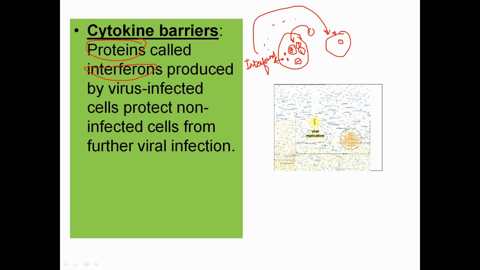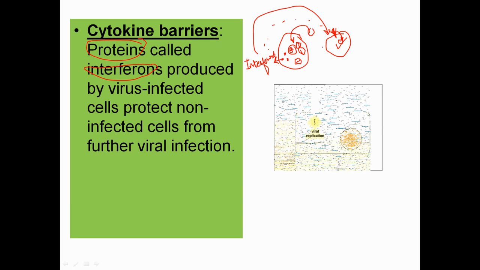They just reach the cells, and we have studied that we have so many types of proteins or glycolipids protruding out of the cell membrane. These protruding proteins along with the glycolipids play a vital role in accepting the interferons, and they send a signal inside of the cell: protect yourself from any sort of viral infection.